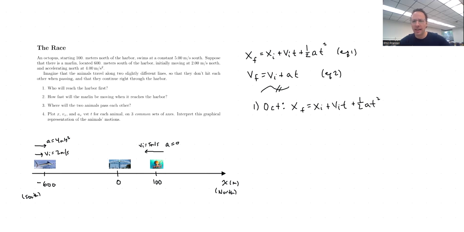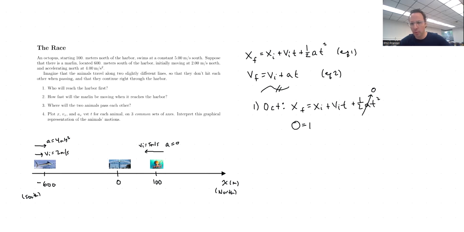Now, can I simplify this a little bit? I can. The octopus has no acceleration, so I'm just going to indicate that that last term in the equation is 0. And we want to find the time at which the octopus is located at a final x coordinate of x equals 0. So I'm going to plug in x equals 0 for the final x coordinate of the octopus.